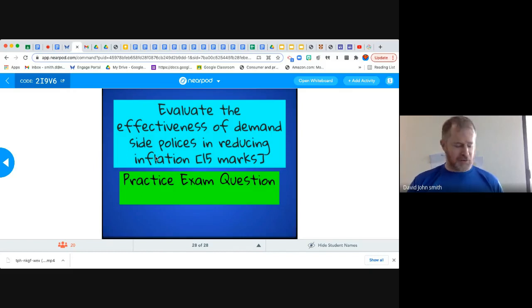Okay, this is what the economics teachers have been discussing online in the online forums as to how these new papers are going to actually look. Because even though we've got exemplars, we're still not 100% clear as to what the overall questions will end up being. You will get a question that looks remarkably like that, okay?